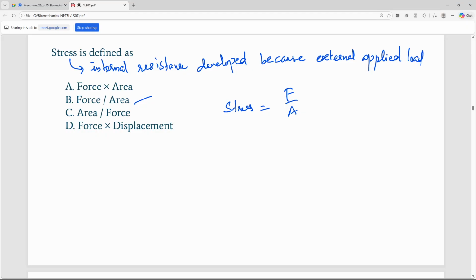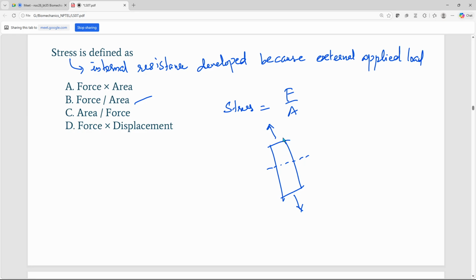That's the basic concept. Suppose this is some material and it is being pulled apart axially, that is, it is subjected to tensile load. If we create a cut section here, what is the internal resistance developed for this load?